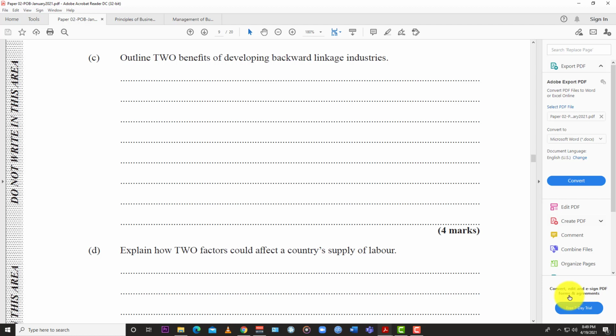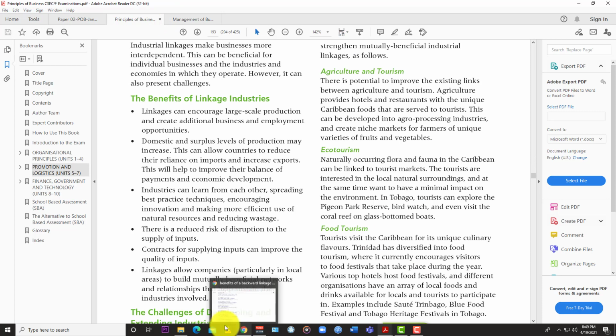So right there we have 3. So you have a secure supply chain, you can reduce costs, and it can make you more competitive in terms of competing with other producers. You have 3 right there. And of course there are others out there that you can use. You look in the textbook and find, and you have a few here. They don't really distinguish between backward and forward, but you have some out here.